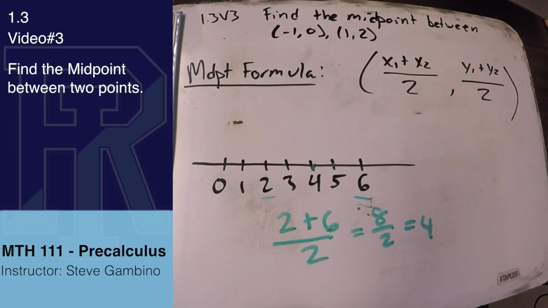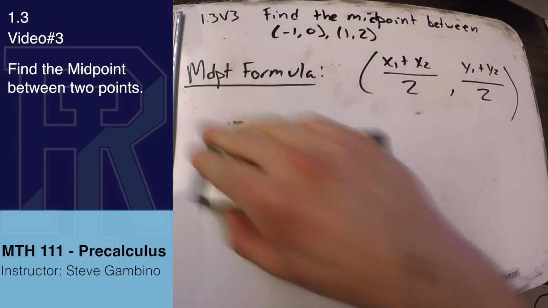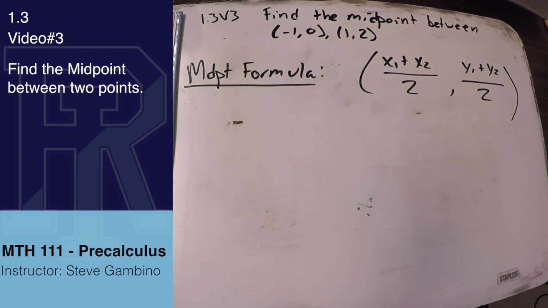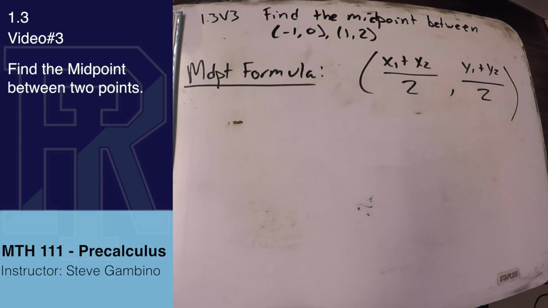So when we're looking for the midpoint between two points in a plane, it works almost exactly the same way. We want to find the midpoint of the x-coordinates and the midpoint of the y-coordinates.